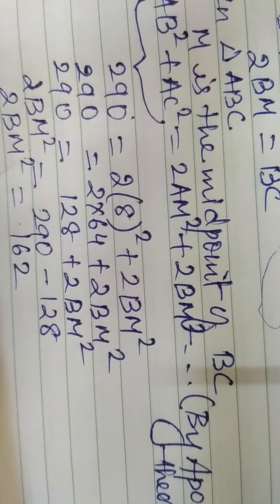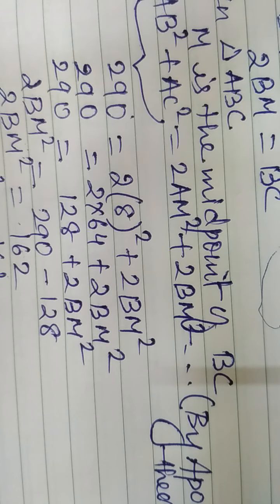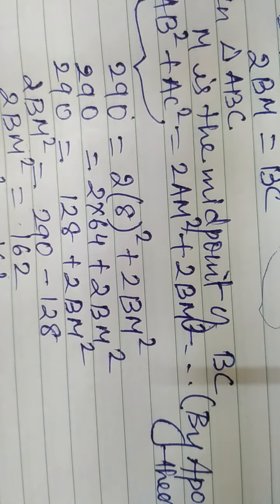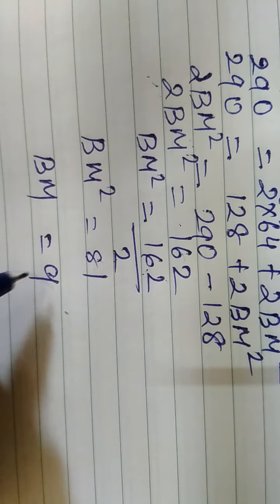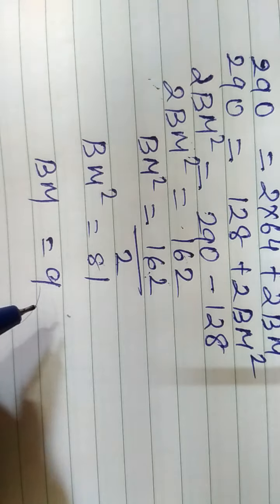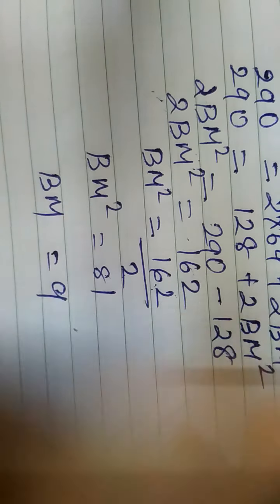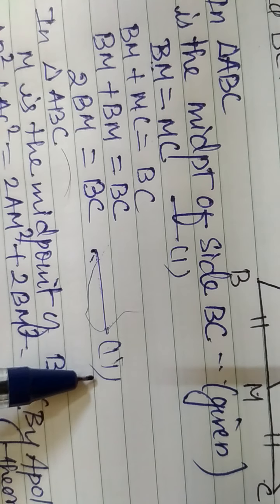So BM square equals 162 upon 2. So what we will get? BM square equals 81. BM will be what? 9. That means from equation 2, where we have given 2BM equals BC, that is equation 2.